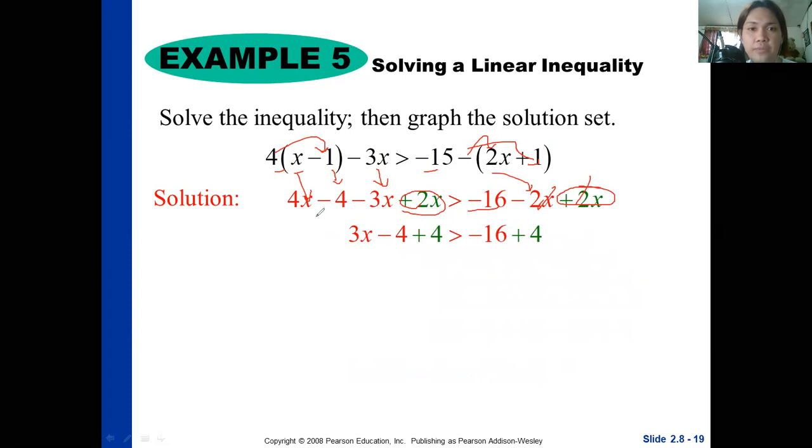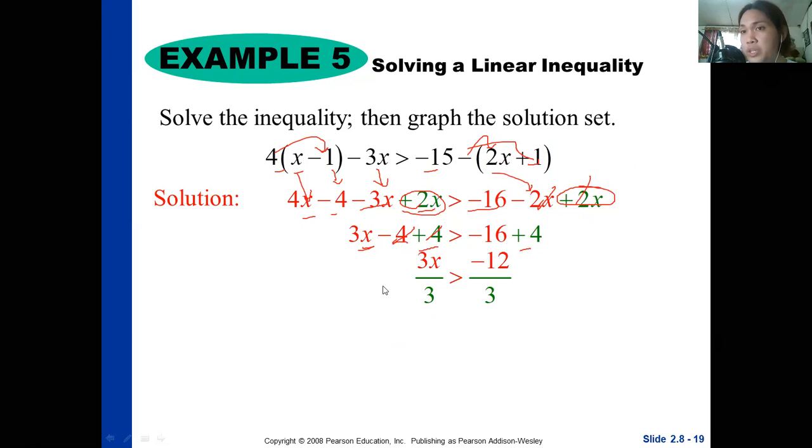We all know that 4x minus 3x is 1x, plus 2x, we have 3x. For the negative 4 minus 4, just copy negative 4, and then we add 4 to both sides of the inequality because we want to eliminate the 4 in here. So we have negative 16 plus 4, that gives us 3x greater than negative 12.